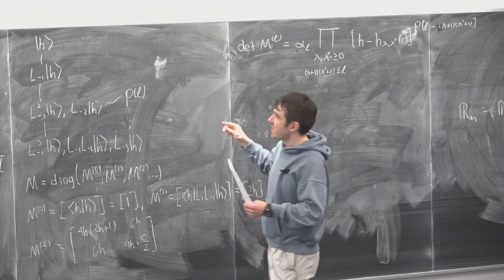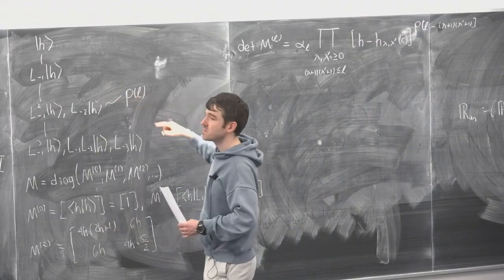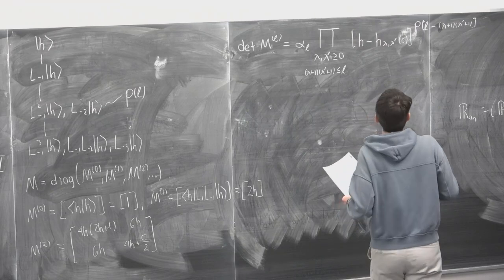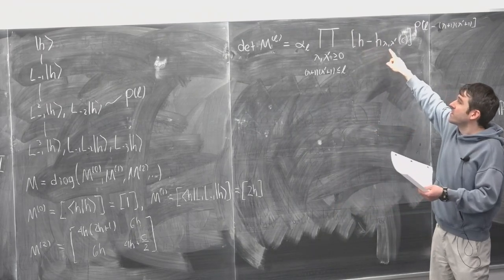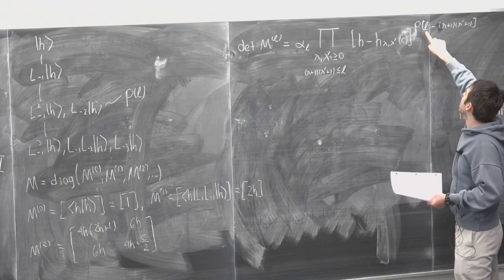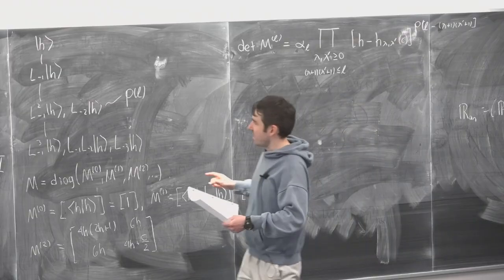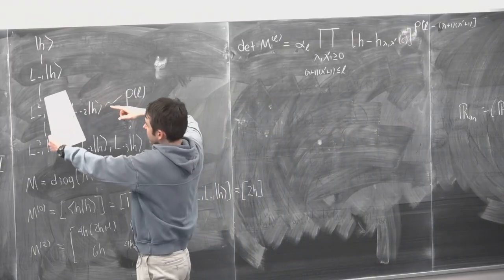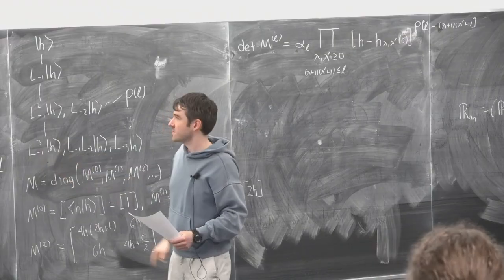Because we know that the dimension of the level L subspace in a Verma module is P of L. But if the number of vanishing eigenvalues of the determinant is P of L minus something, then what that suggests is that eventually in this tree that's getting bigger and bigger, we find a state that has zero norm.